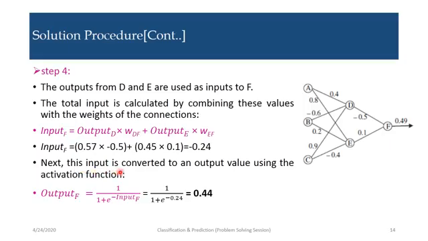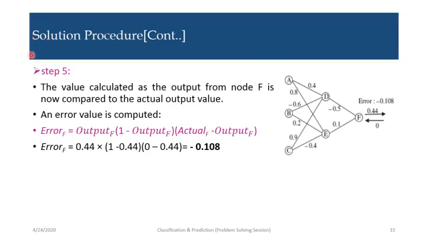Next we use the activation function to find the output from F. Output F is equal to 1 by 1 plus e to the power minus input F, so 1 by 1 plus e to the power minus 0.24. It comes to 0.444.